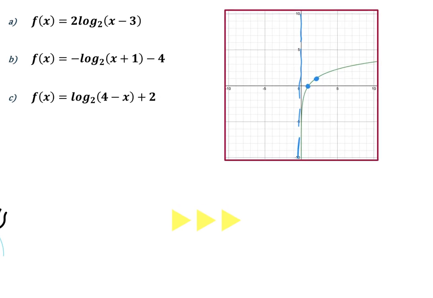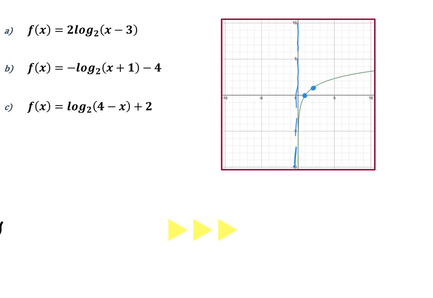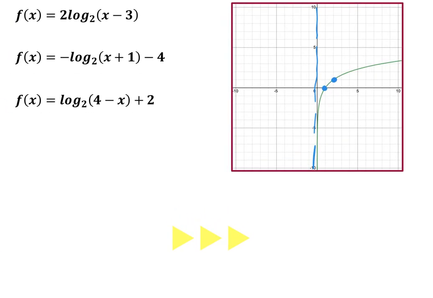Now it's 4 minus x inside. So what do we have to do? Subtract 4 and then change the sign. So I could do negative 4 like this, right? Which means I can move to the left 4 and flip it over the y-axis, or I can move it to the right 4, point it left, same thing.